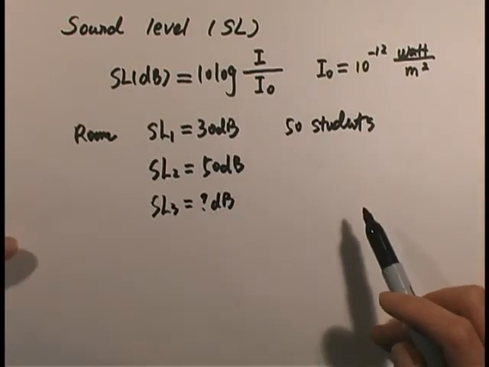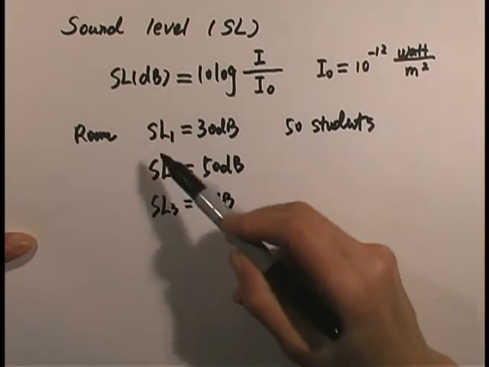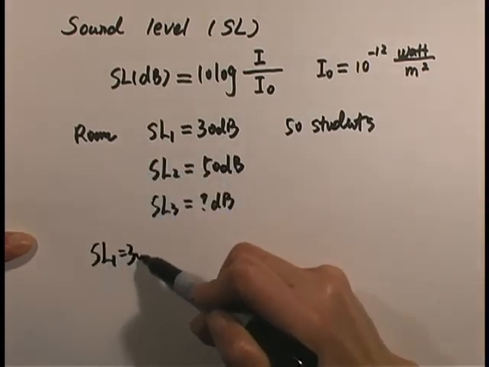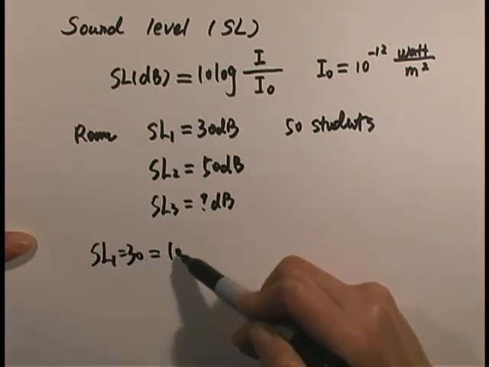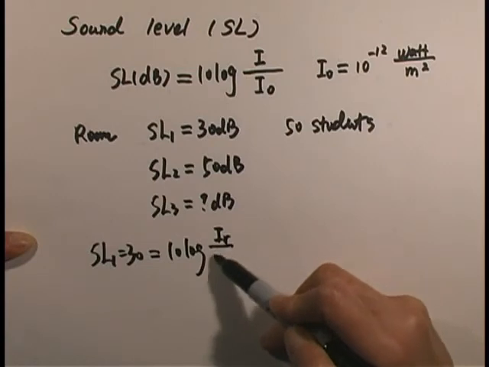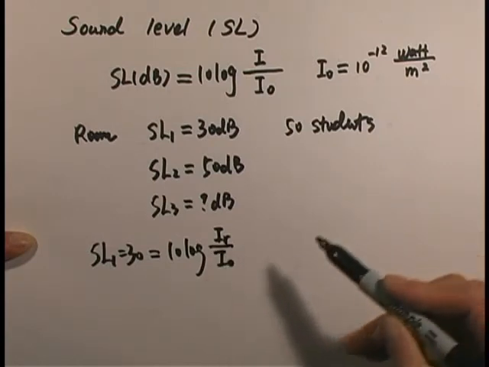Well, let's take a look at the definition. SL1, which is 30 decibels, comes from 10 log of I of room only over I of reference.